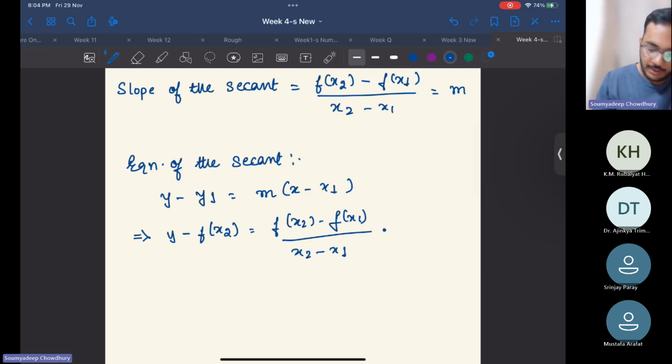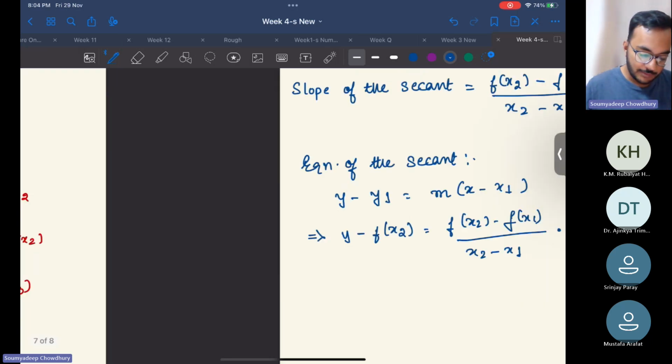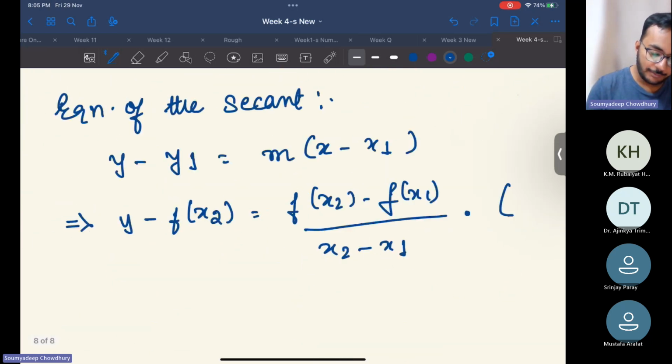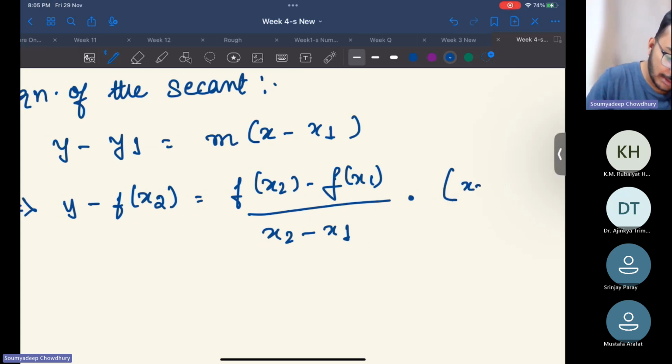Then you have x minus x1, right? So here you have to carefully note this. Here we are trying to find the equation in terms of x3 because this x3 is changing every time. Now we have x3, then next iteration it changes to x4. So if we make x3 the subject and find the equation of the secant in terms of x3, then we can directly find the value of x3. So instead of x here, we will be using x3, that is x3 minus x1.